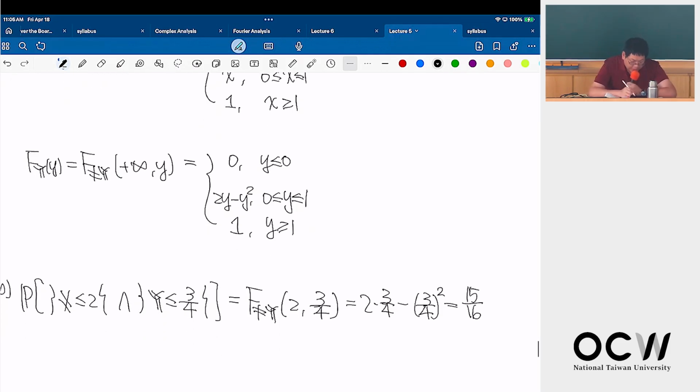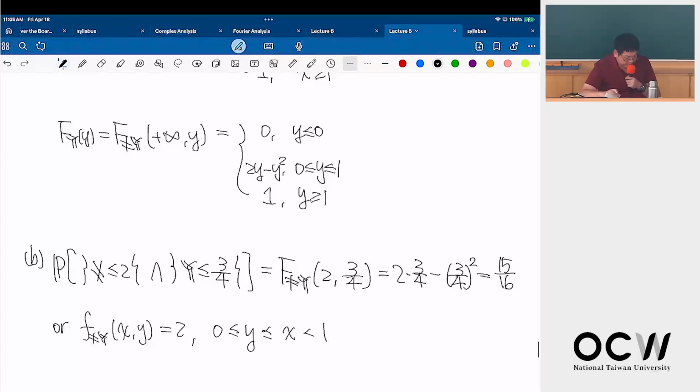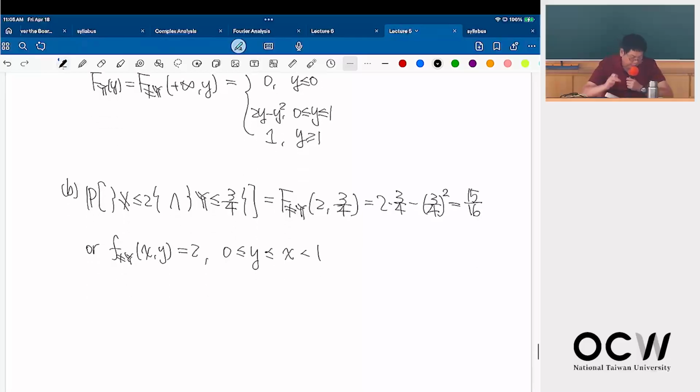Or we can write the joint PDF. So f of xy, that should be 2. And here is the region: y is between 0 and 1, and x is between y and 1. So if you find the probability, actually it is the integral from minus infinity to 2, and from minus infinity to 3 over 4, of the joint PDF.